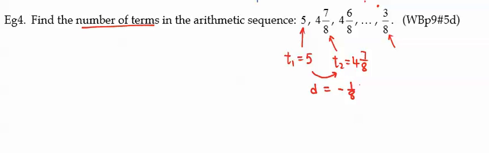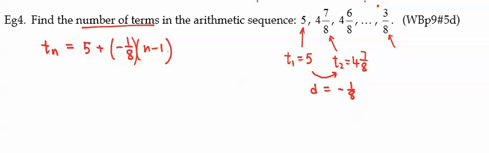And that means using the general formula, I will be starting from the first term, and it will be going down by 1/8 that many times. This is the formula for the general term.